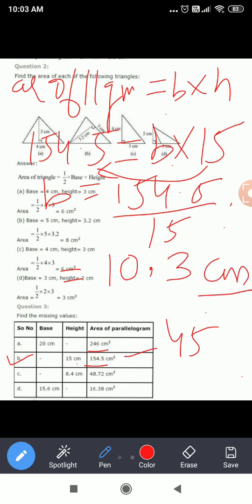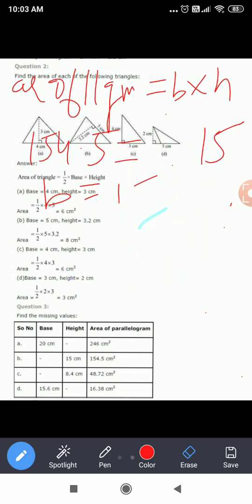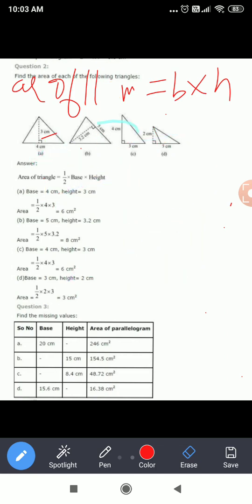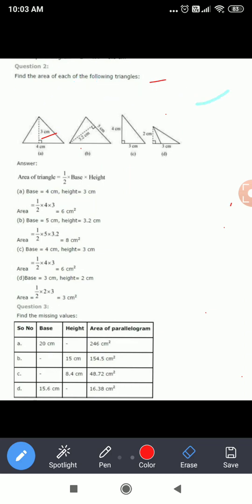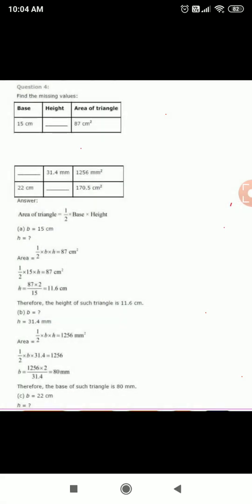So base will be 10.3 centimeter in this way. In this way, you have to solve all the parts of the table to get the missing values. Just put the given values in the formula of area of the parallelogram, and by solving you can get the missing value.